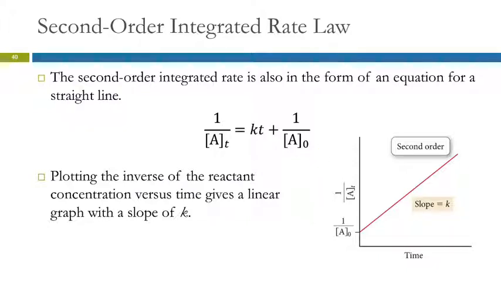We can graph that. That's also in the form of a line, y equals mx plus b. Our y-axis is 1 over A at t. The intercept is 1 over A0. Our slope is k. Here we see the slope is going to be positive, and that's just a factor of how the graph is, because the natural log is what made things negative.